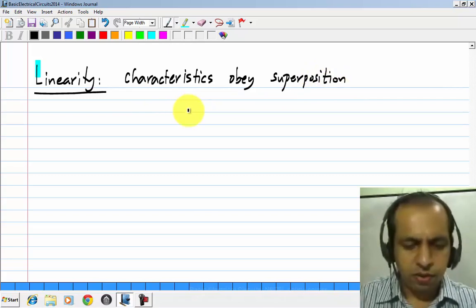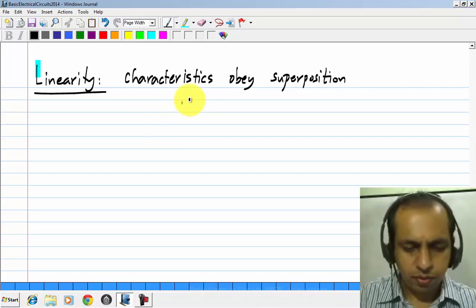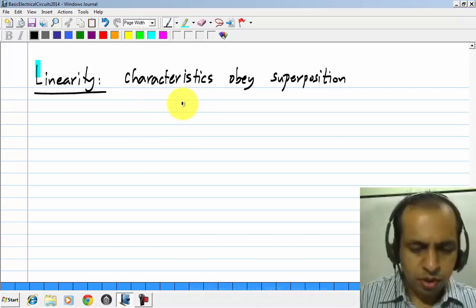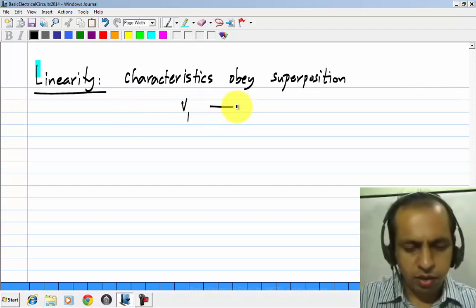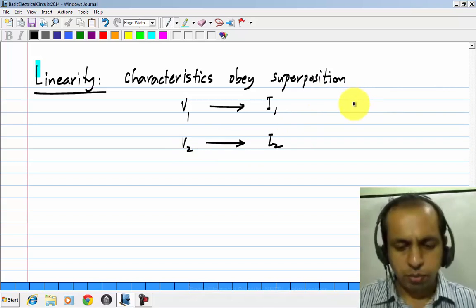So if, let's say, you have a voltage V1 which results in a current I1 and a voltage V2 which results in a current I2, what does superposition mean?